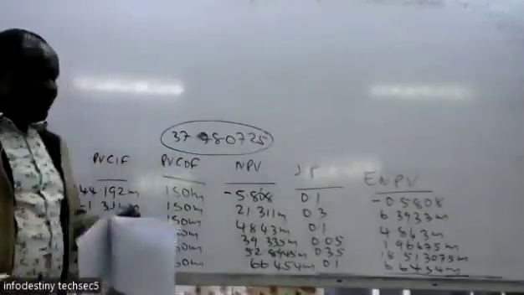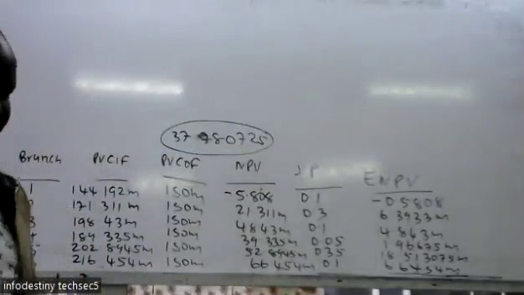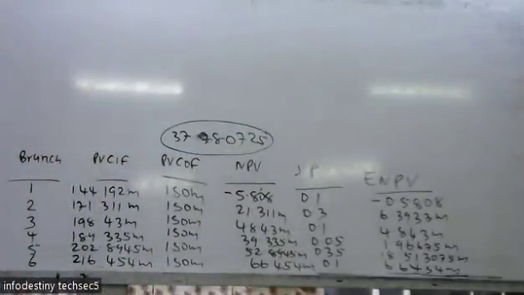So that is our Roman letter 1, where the question wanted you to come up with the expected net present value.